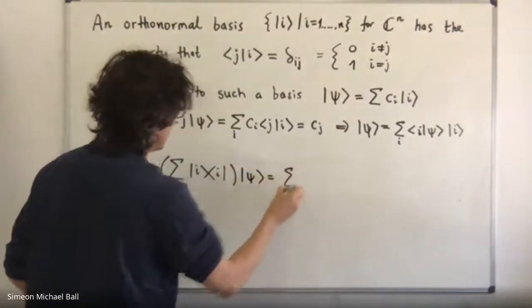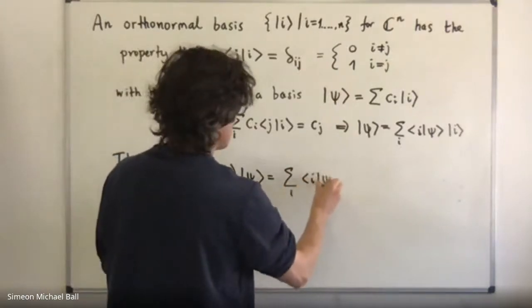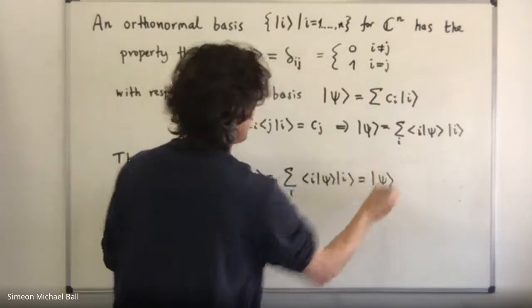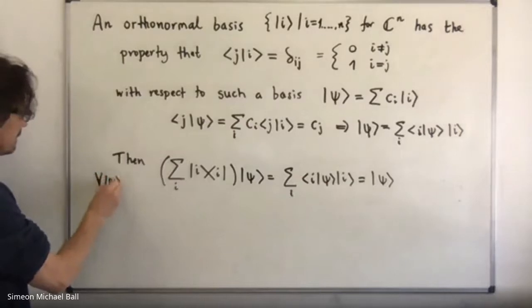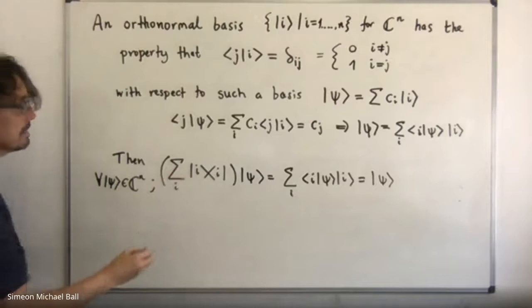Well, by linearity, this is then the sum of these terms, which was precisely phi. So for all vectors in our vector space, we have this equality.